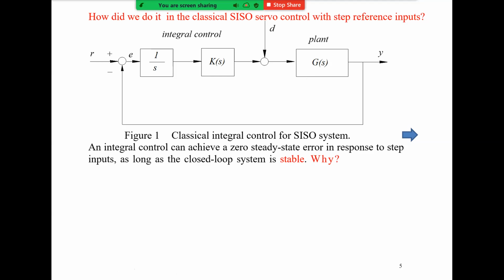That's what you learned as an undergraduate. But let's try to understand why we need an integrator, and then we are going to follow this idea. I want to extend this idea to deal with a very general case where the reference signal may not be a constant, maybe time varying, maybe a sinusoid.